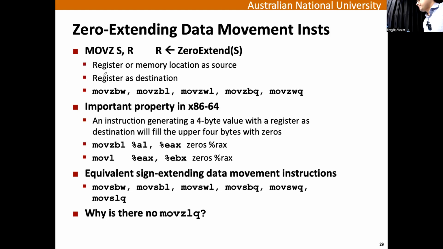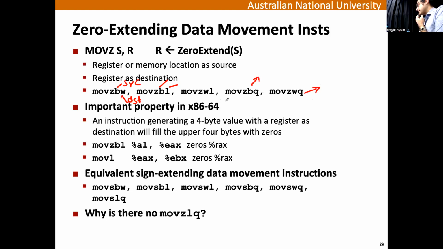Once again, this is the source data type, and this is the destination. Source, destination. Q is quad word.